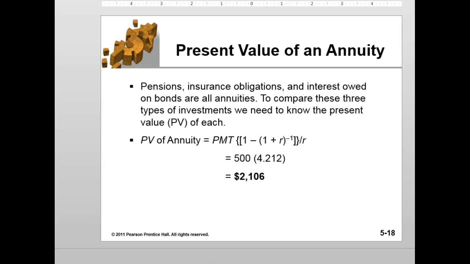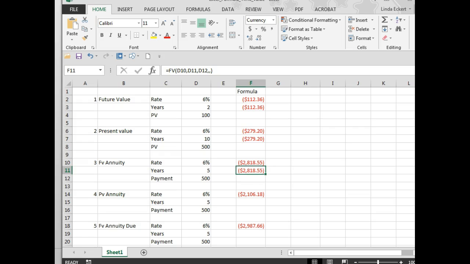Now, what does that look like in Excel? It's right here. Again, I have this set up, and we're going to use present value, D4, D15, and D16. So what is this telling us? So now I do equals PV.